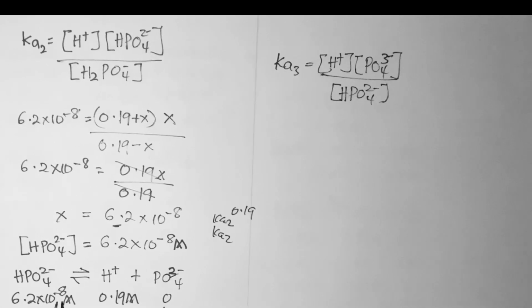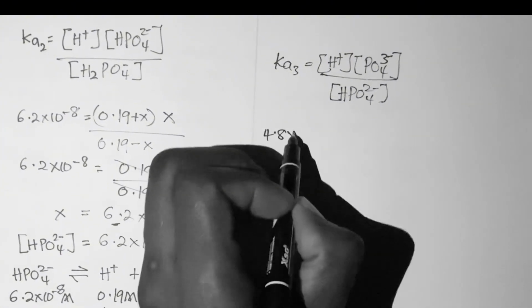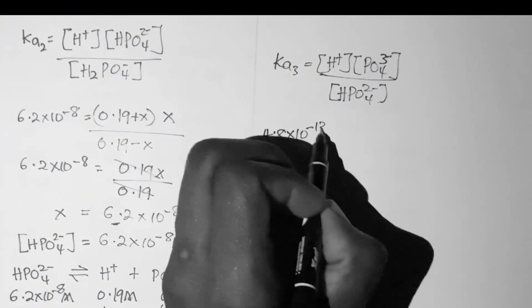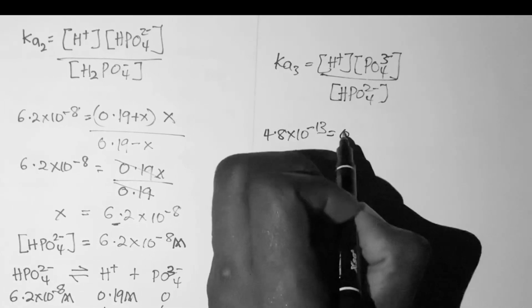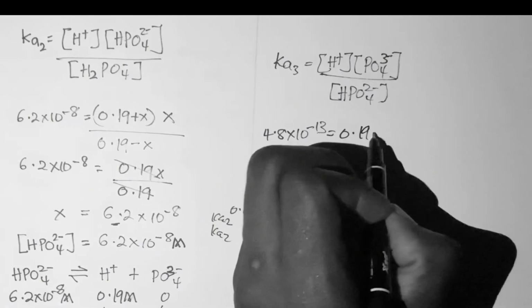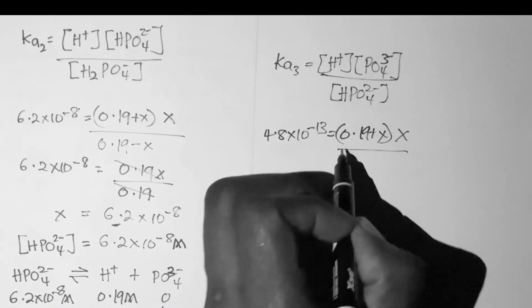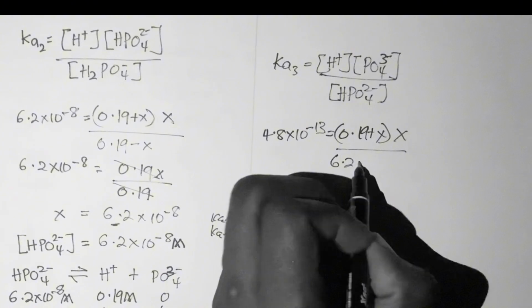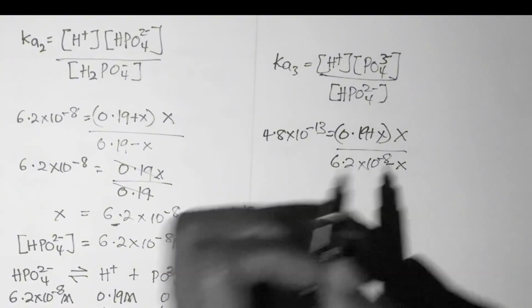And from the question, we're given Ka3 as 4.8 times 10 exponent minus 13, and that is equal to 0.19 plus x times x divided by 6.2 times 10 exponent minus 8 minus x.